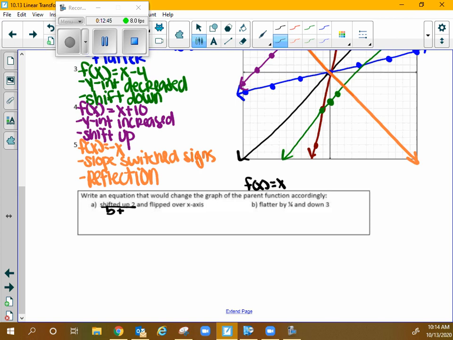You're going to add 2. Flipped over the x-axis. What kind of change is that? Reflection. So it's going to change the slope to the opposite sign. So if I started off with f of x equals x, and I went opposite sign and I increased my y-intercept, what is my new equation? Negative x plus 2. Very good.